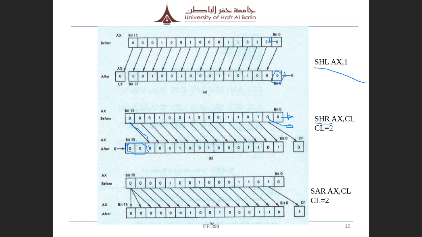Look at here. This bit will come up here, right? 2 bits to the right, and then this one will be the LSB, and this one will be the last bit out of the register. It will be the carry flag.